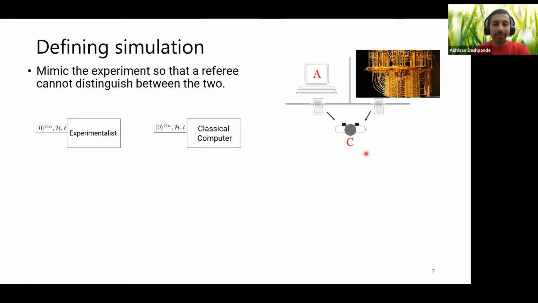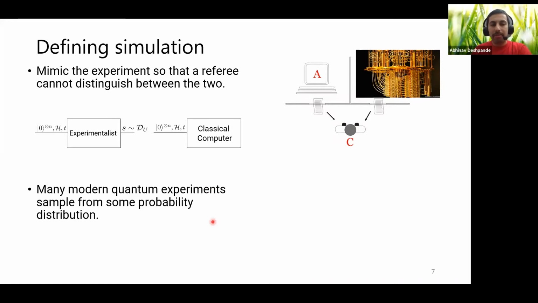Here's a bird's eye view of what an experimentalist does. They take as input some description of an initial state, a Hamiltonian that describes the system, and some final evolution time. The same input is given to the classical computer as well. Many modern quantum experiments are really at their heart sampling from some underlying probability distribution.